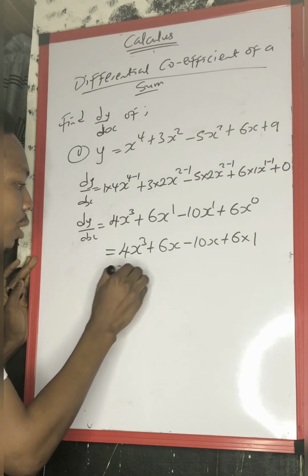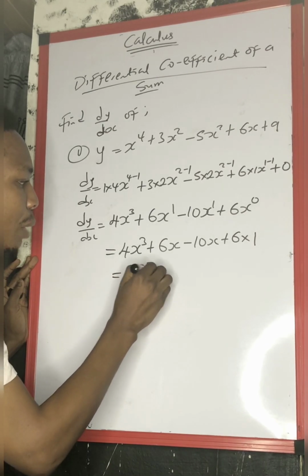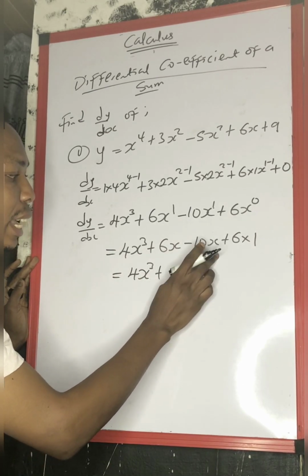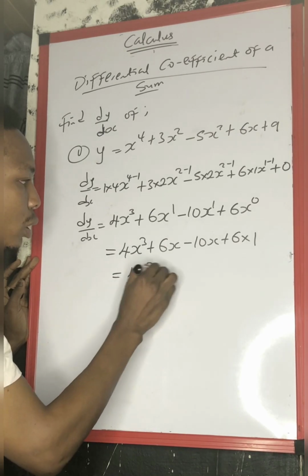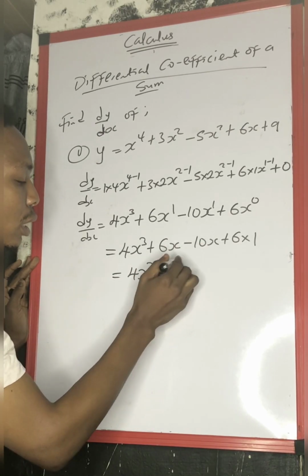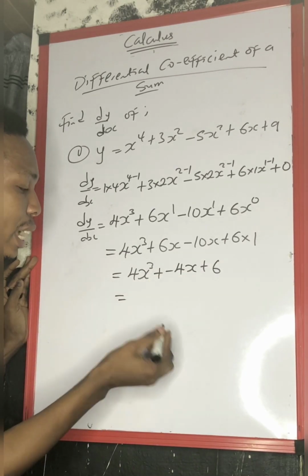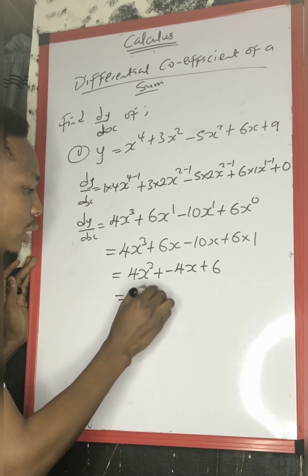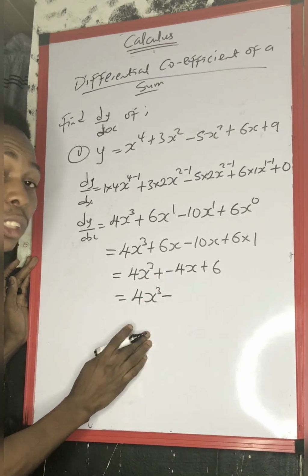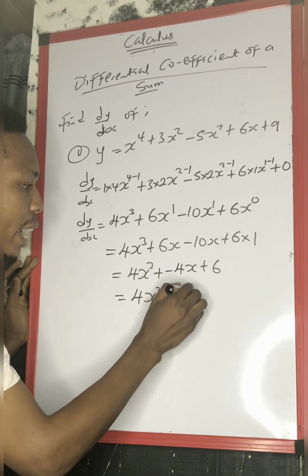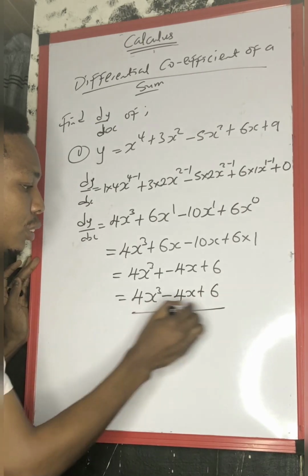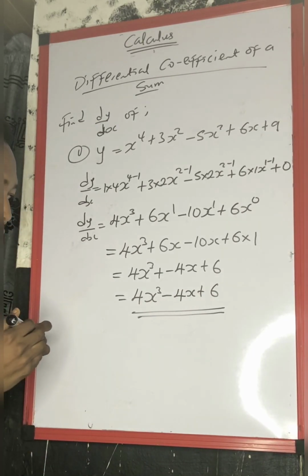So it gives us 4x cubed plus 6x minus 10x, then it will give us minus 4x, then plus 6. At the end of the day, you add 4x cubed, plus minus gives you minus, then 4x, then plus 6. So that is the final answer.